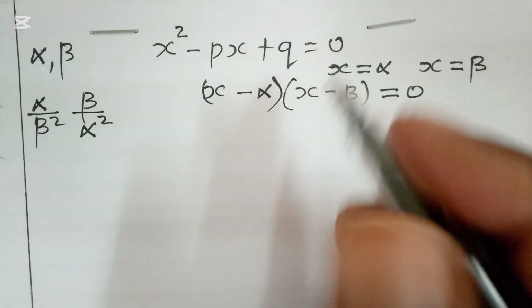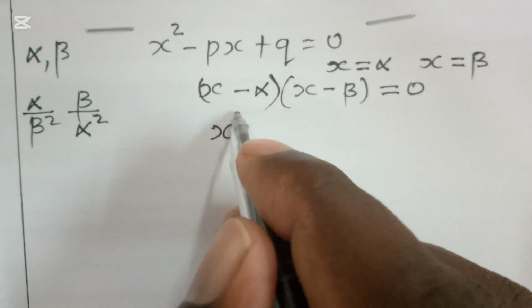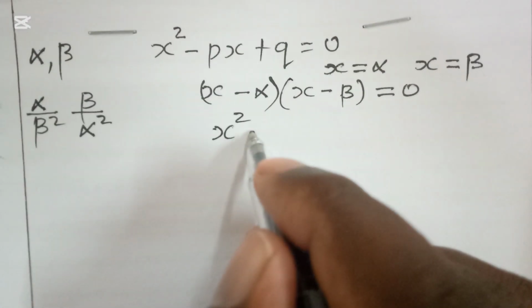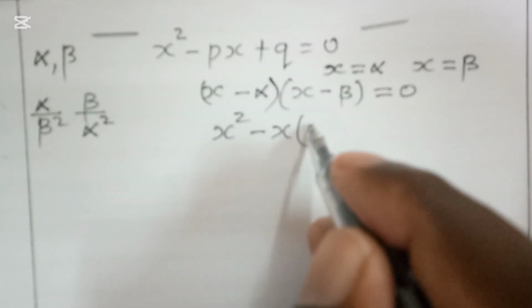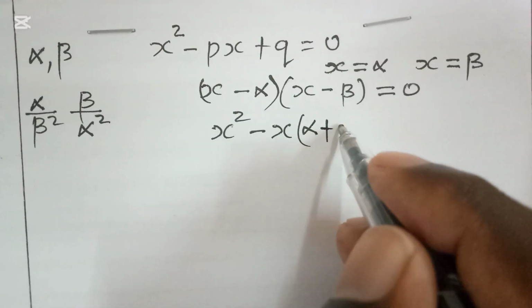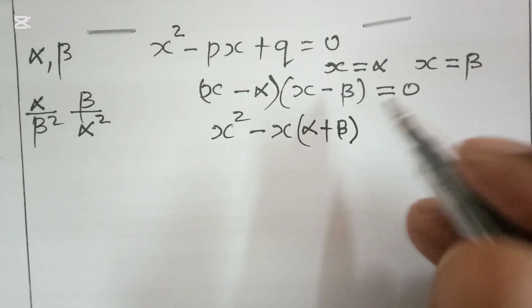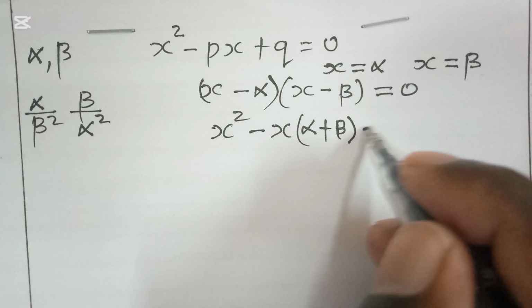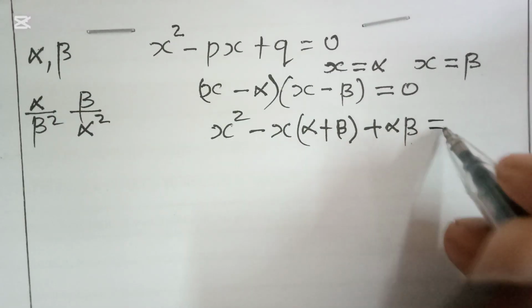So multiplying that, guys, we shall have x squared minus x times alpha plus beta, and then plus alpha beta equals 0.